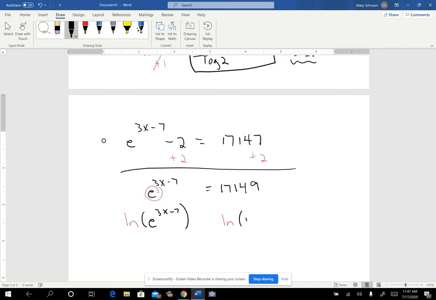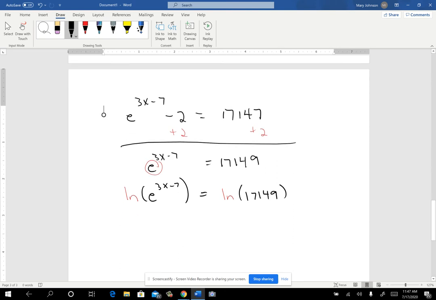If you do it thoughtfully and you notice that you have a base of e or a base of 10, then use the appropriate logarithm, because ln is really log base e, and if you do log base e of e raised to the 3x minus 7, since the bases are the same, these undo each other, and all you have right here is 3x minus 7. Okay, so we get to there.